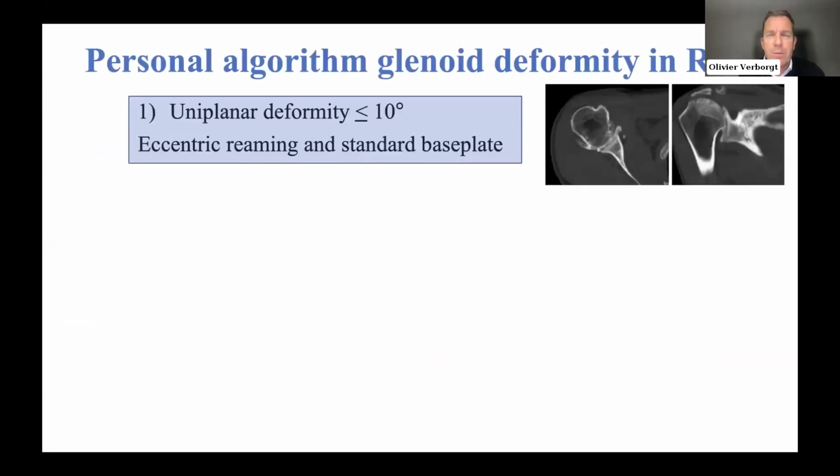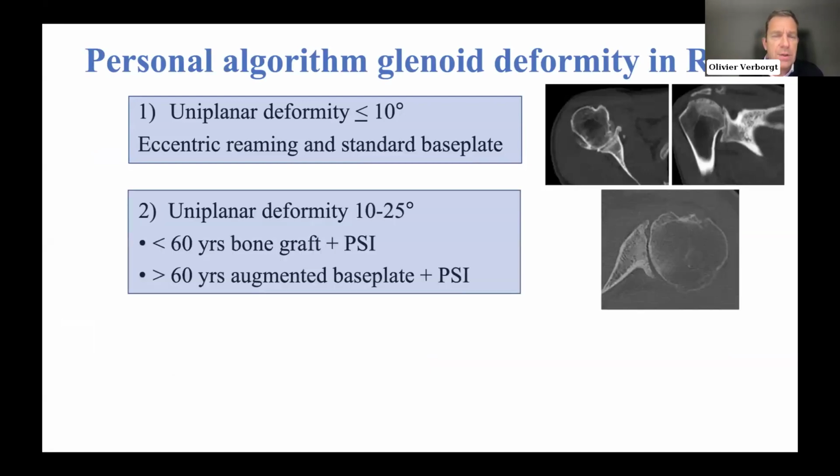So my personal algorithm for glenoid deformity in reverse arthroplasty: in a uniplanar deformity less than 10 degrees, I will still once in a while do eccentric reaming, and I use a standard base plate. I don't think we should over-engineer things. But as soon as there is more than 10 degrees of deformity in younger patients, I still like to use bone and PSI for reconstruction of the glenoid vault.